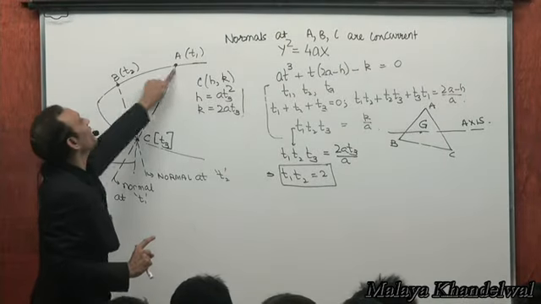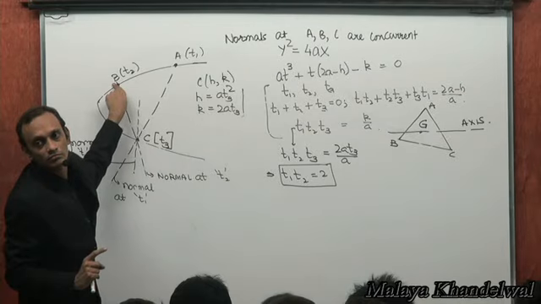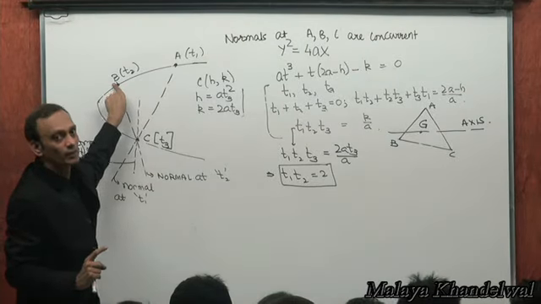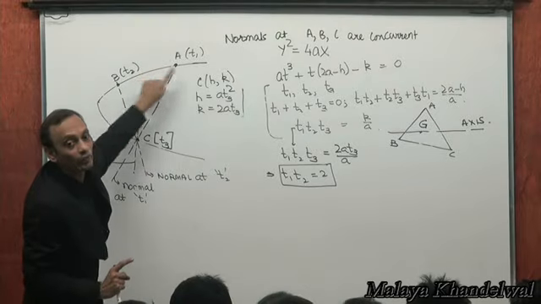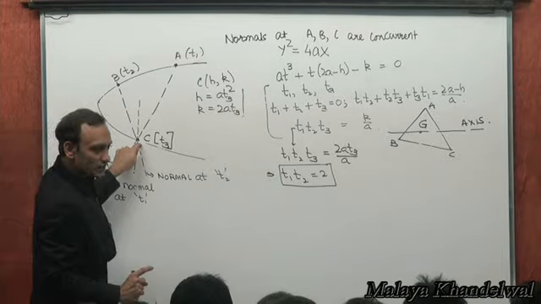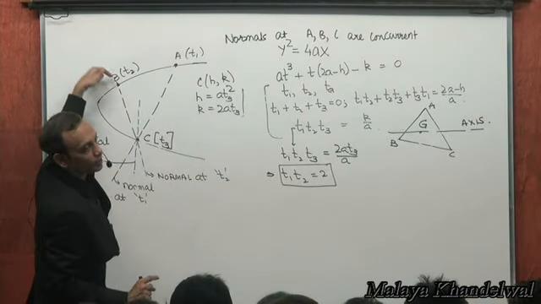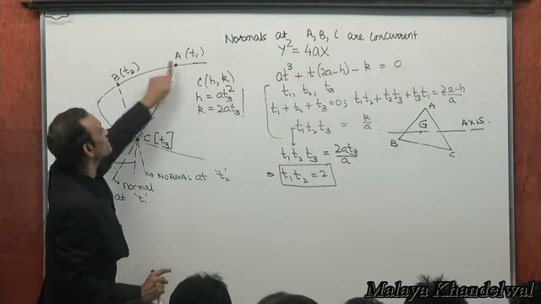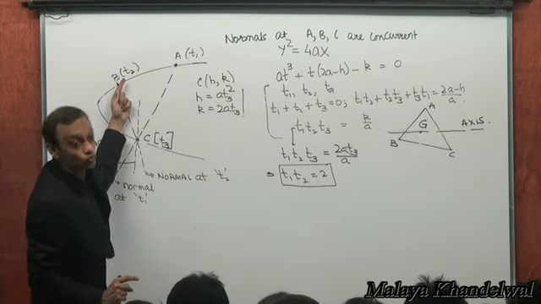How many ABs exist? Think about it. How many pairs of AB will exist given that from that point C, a normal drawn at A and a normal drawn at B would be such that T1 into T2 would be 2?